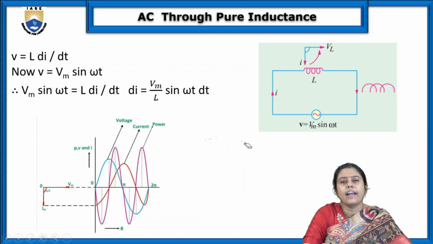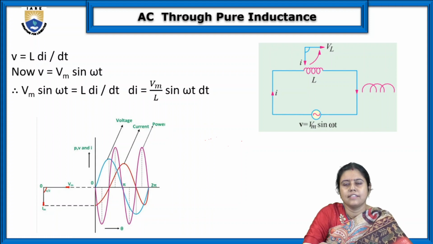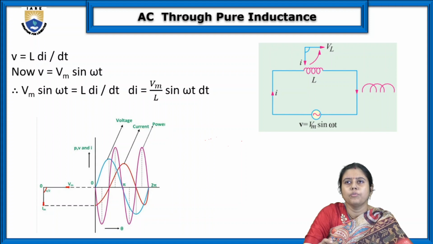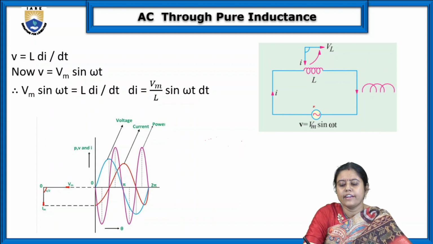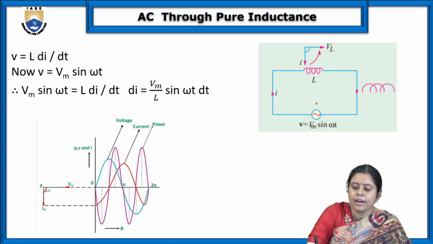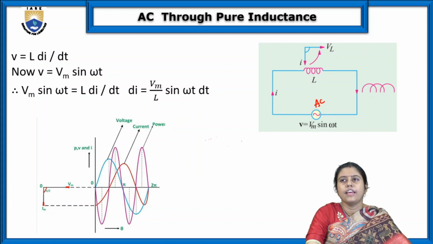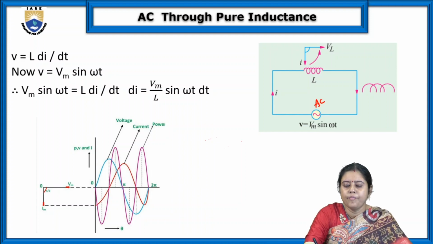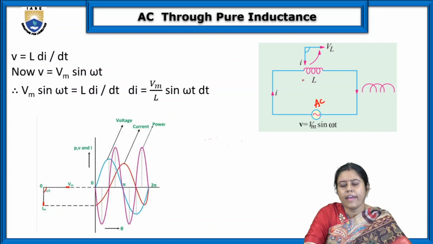Though a pure inductor is not applicable in practical cases, for simplicity we are thinking that one inductor is connected with a source. And what is the source? Again we are thinking about an AC source, and the AC source value is Vm sine omega t. So current will flow through the L.